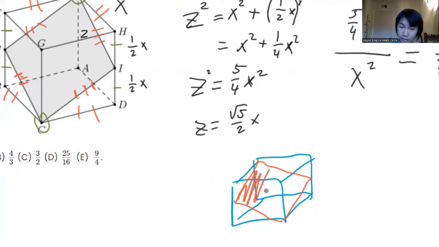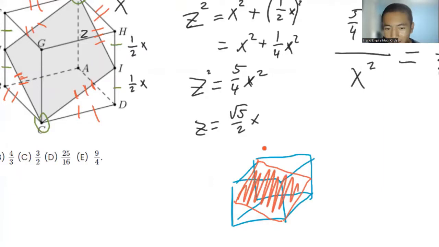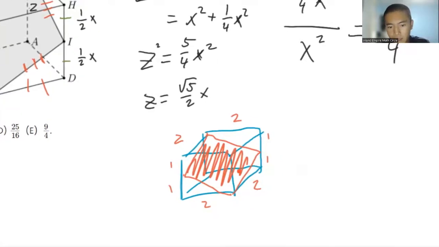So we're looking for this middle square. We want to find the area of this red square right here. And in order to do that, we have to know its side length, right? Because then we can just apply the area formula for a square, which is the side length squared.